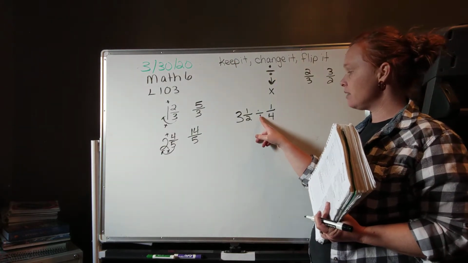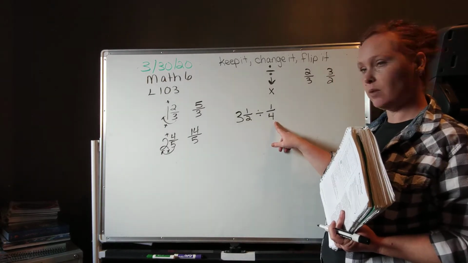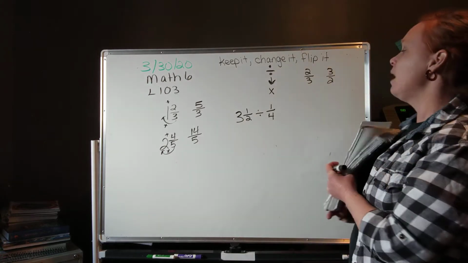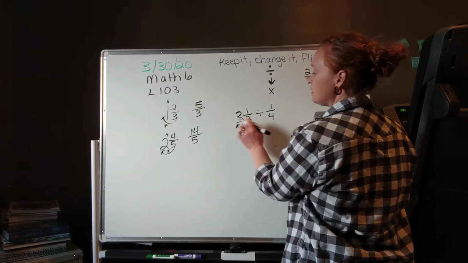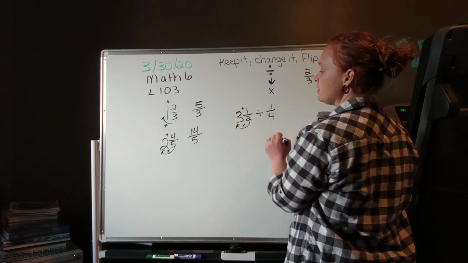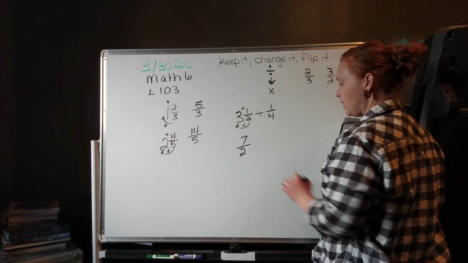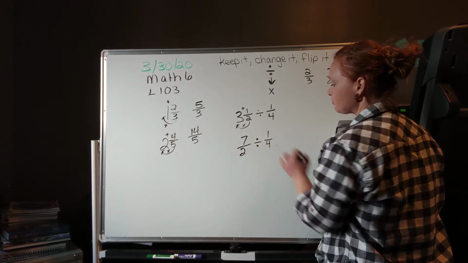But before we get to that, we need to make sure that we're ready to work with these. Now this fraction is good, we can work with it, but we need to change this mixed number just like we did over here to be able to work with it. So 2 times 3 is 6, plus 1 is 7. Denominator remains 2. Now let's just go ahead and finish by writing the rest of our problem out.